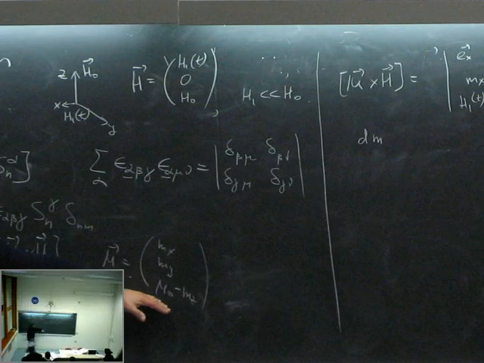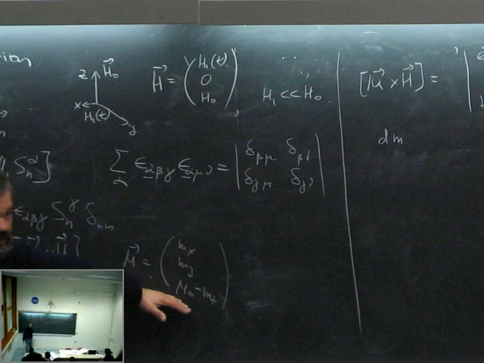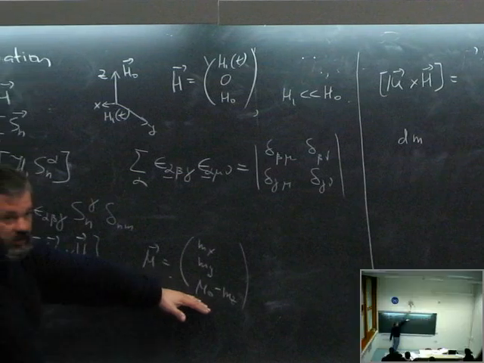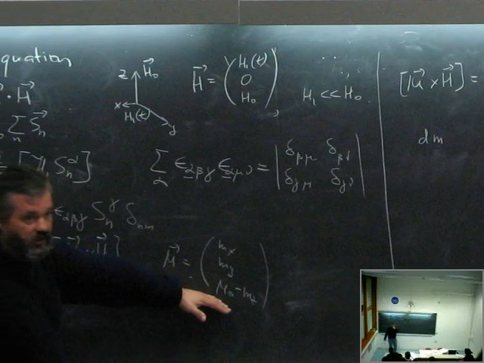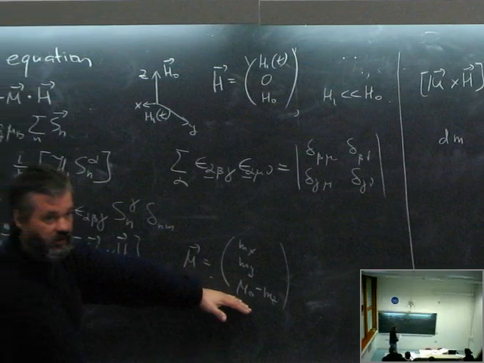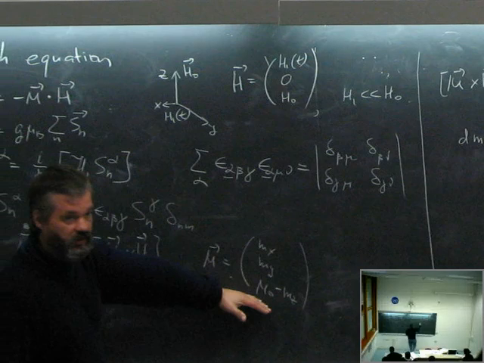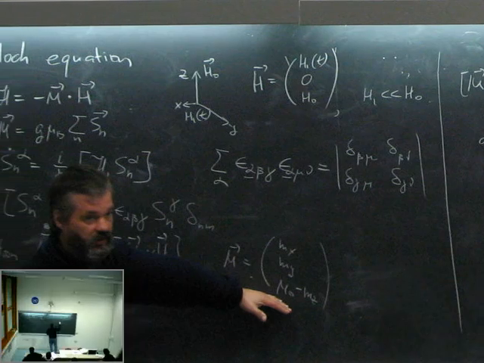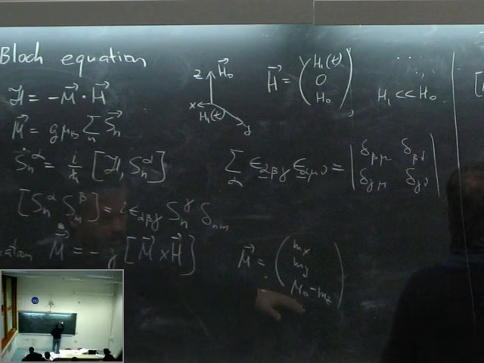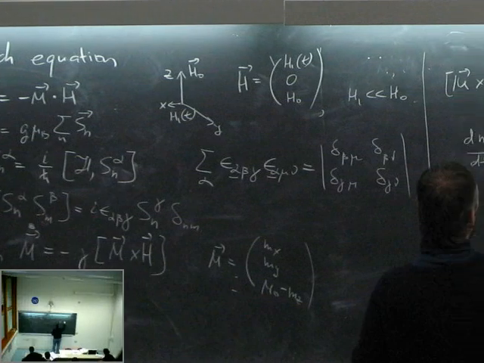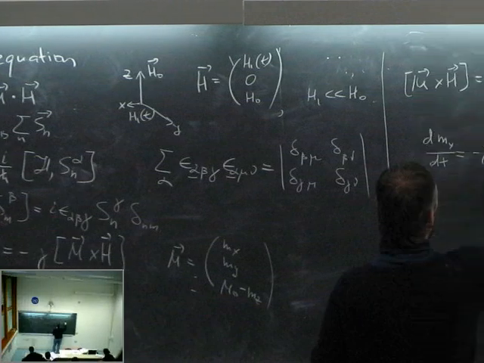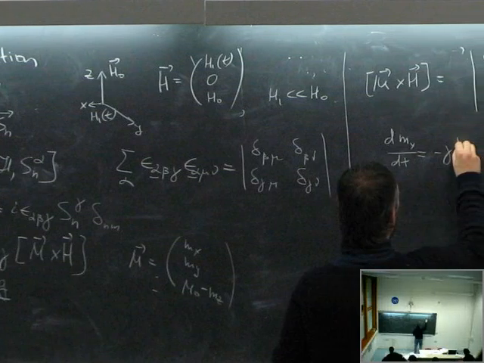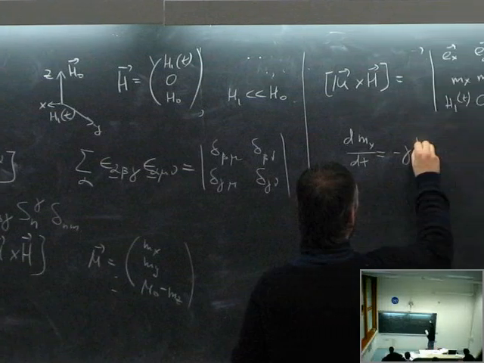As I said, I subtracted the big time-independent component, which is a response to the big time-independent magnetic field along this direction. dmx over dt is equal to minus gamma h naught my. I open this determinant.